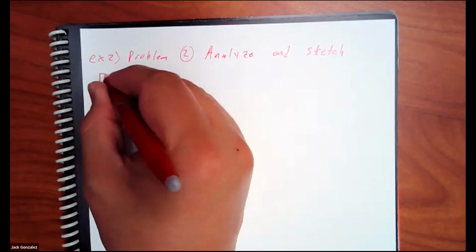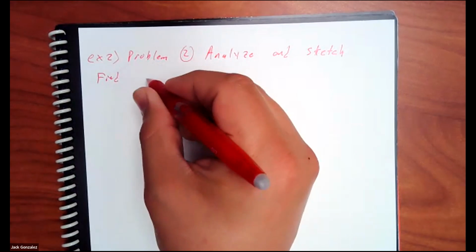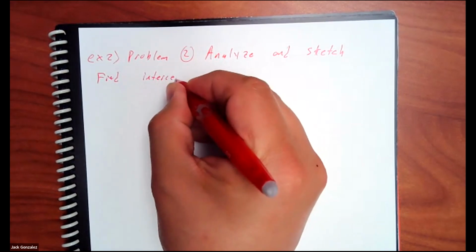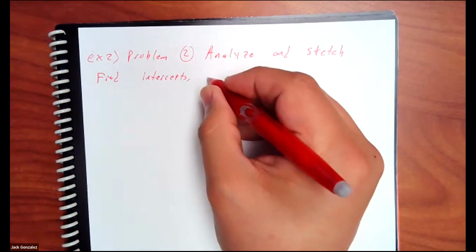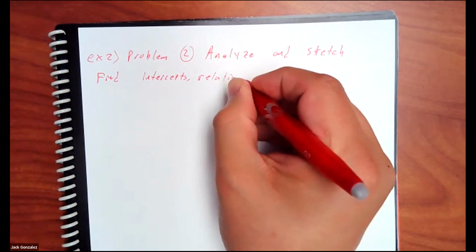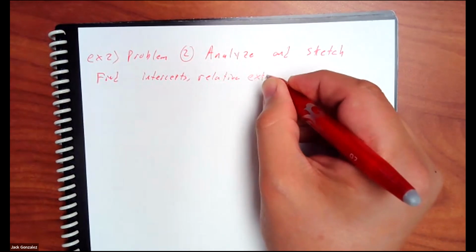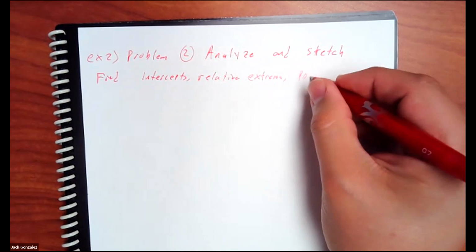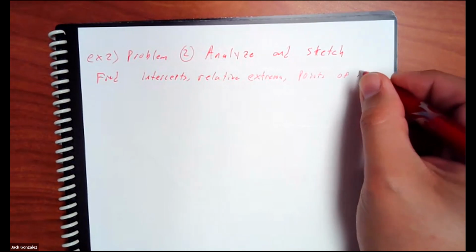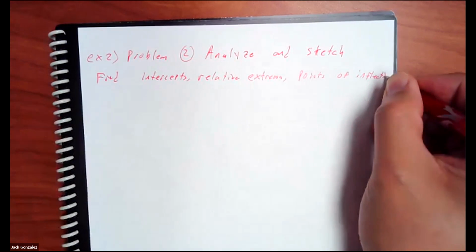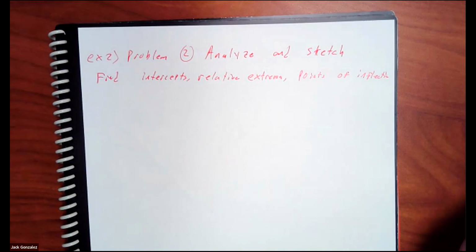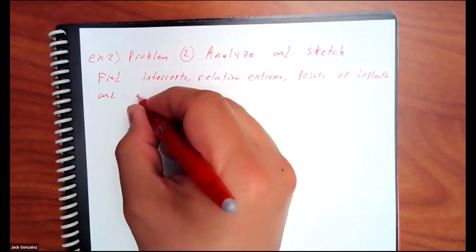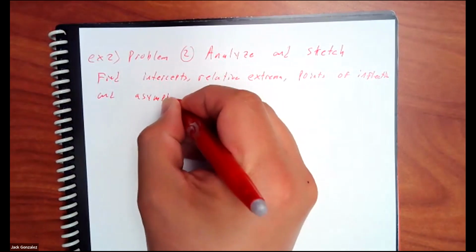So in order to sketch, we need to find intercepts, relative extrema, points of inflection, on the other one I didn't do inflection because I didn't do second derivative. This time we will. And asymptotes, if they are there.